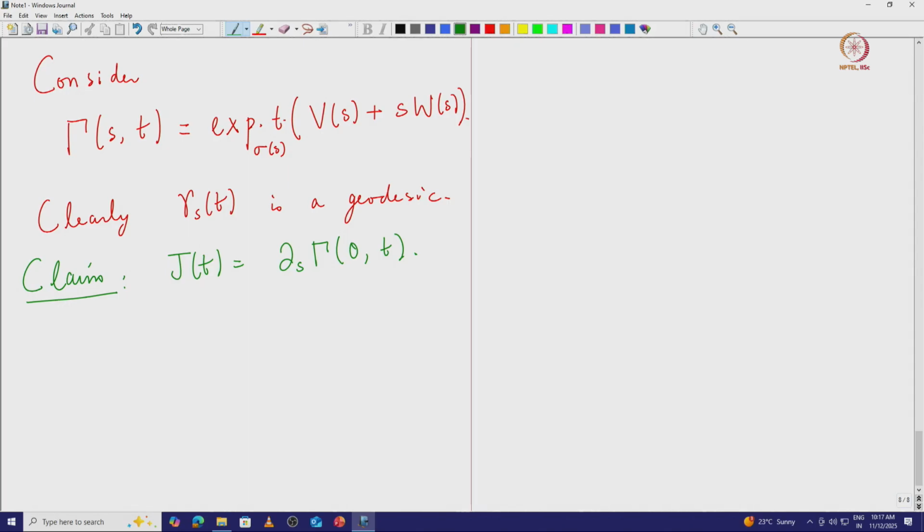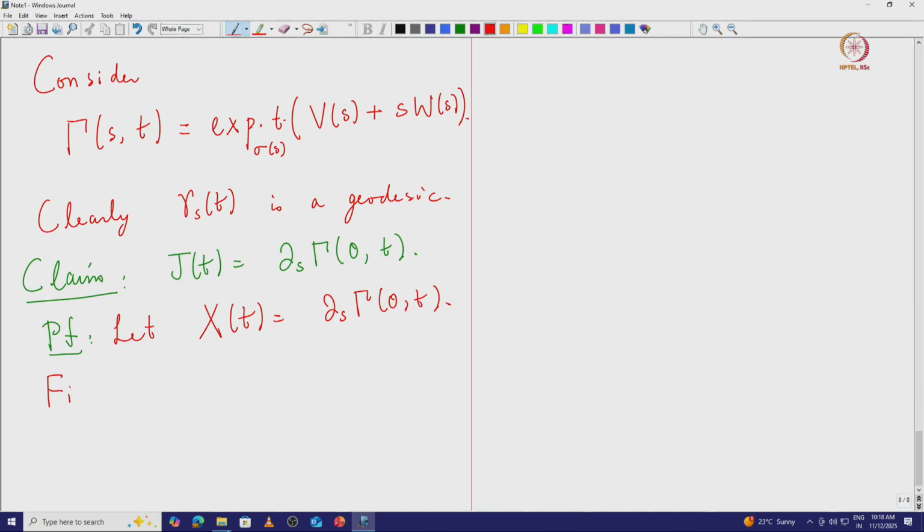So what is the proof? Let X be that variation vector field, so let X of t be equal to this. Our job is to prove that X and J are actually the same vector fields.